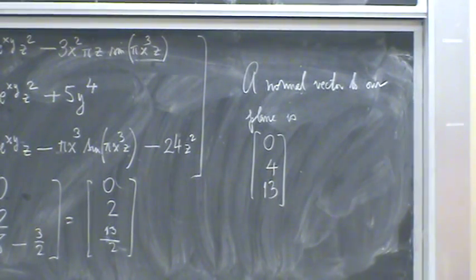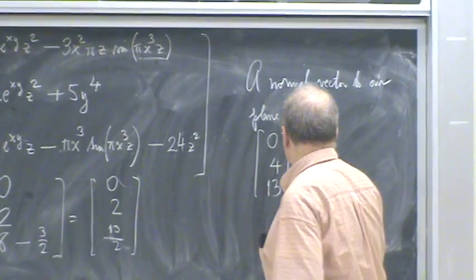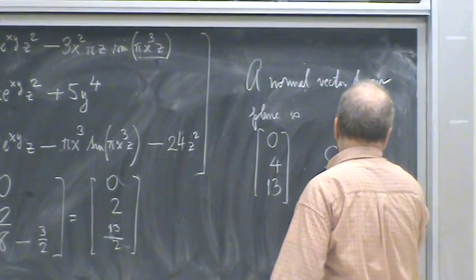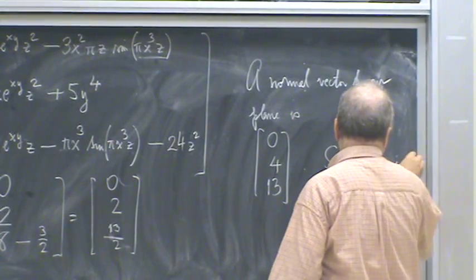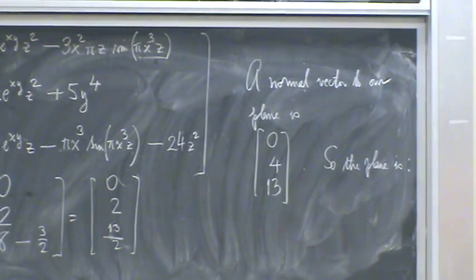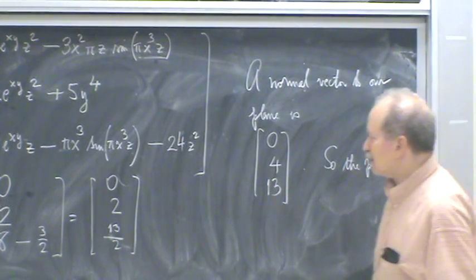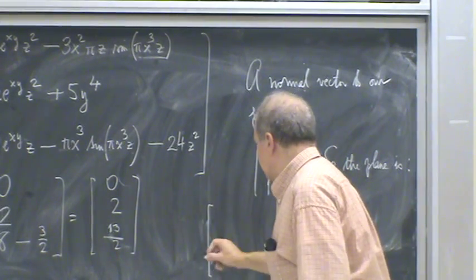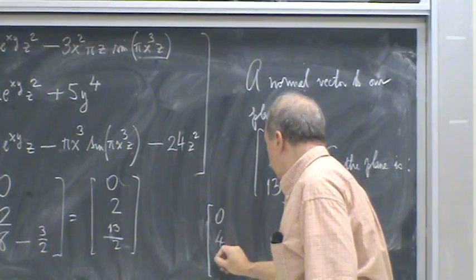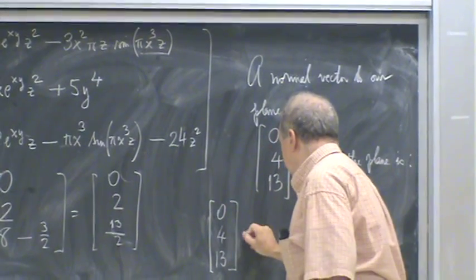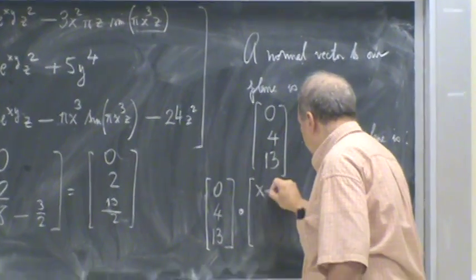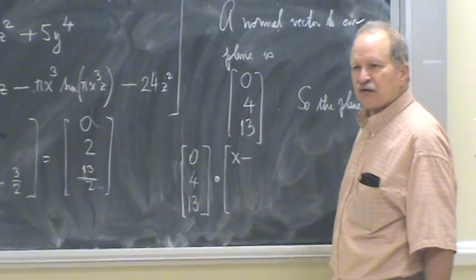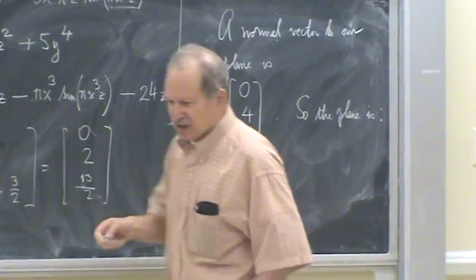So what's the equation of the plane? Drum roll. We can say the normal vector dotted with x minus a.